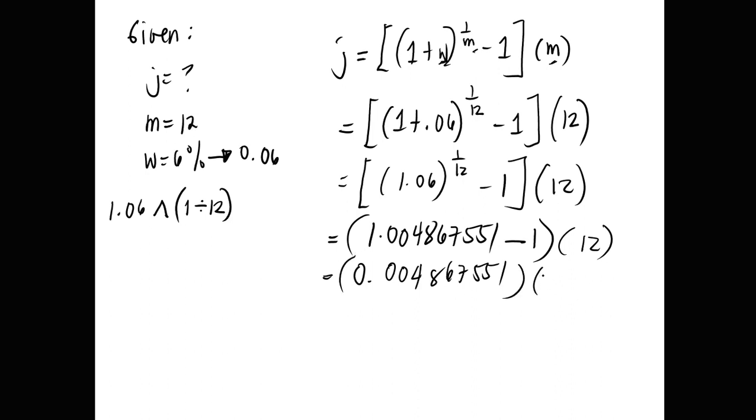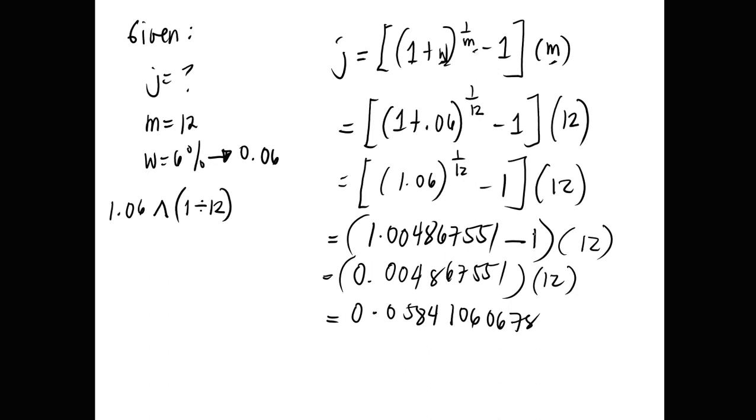0 na. And then, after that, you will multiply it to our m, which is 12. So, answer will be 0.05841060678. Okay, again, answer will be, if you will multiply it to 12, 0.05841060678.